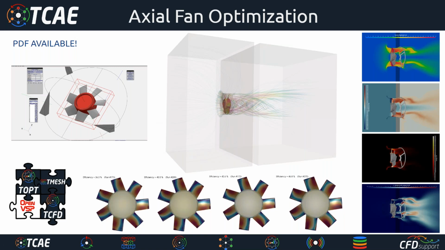And based on the previous results, the optimization algorithm decides the new set of parameters, creates a new candidate, simulates the new geometry, and again, based on the results and all the previous results, it suggests a new set of parameters, and again it creates such a loop.